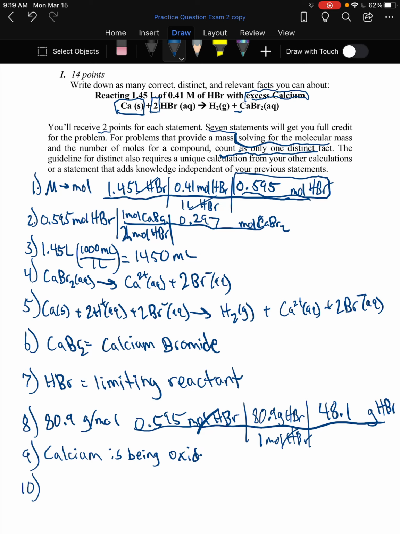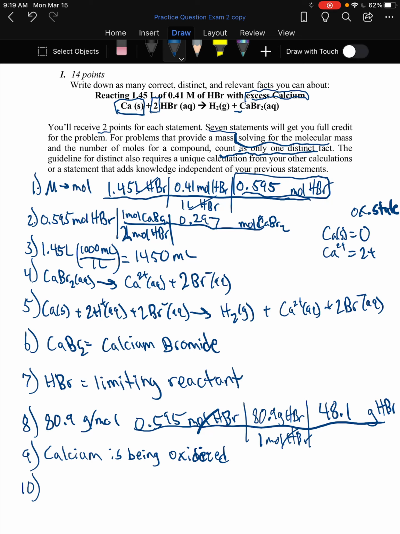And remember, being oxidized means that it is losing electrons, because calcium in its solid state has an oxidation state of 0, and calcium in calcium bromide is calcium 2+, so it has a 2+ oxidation state.